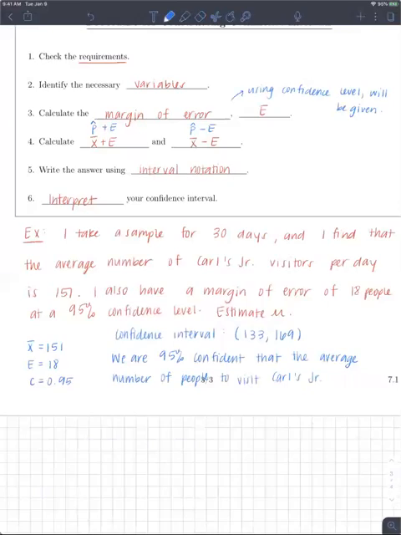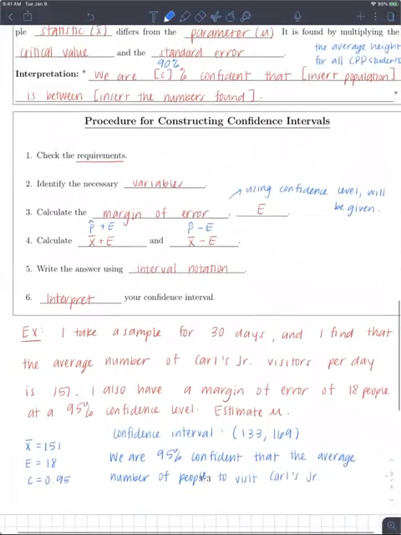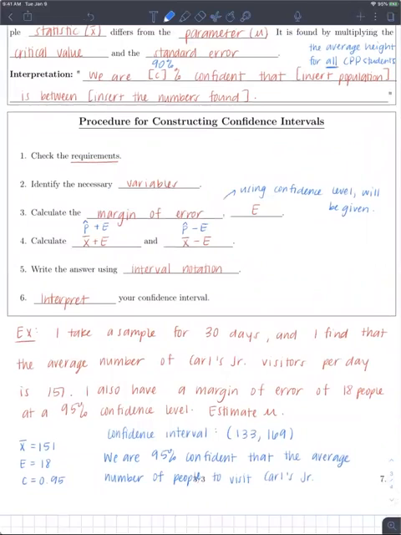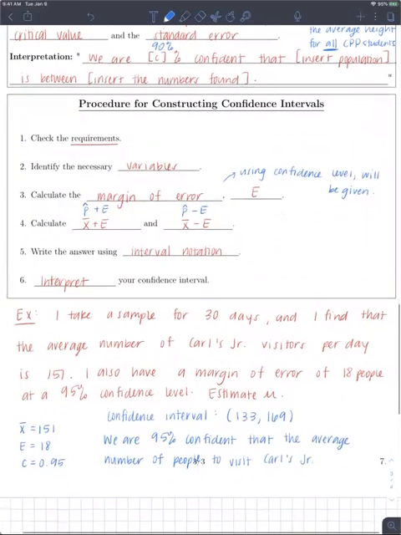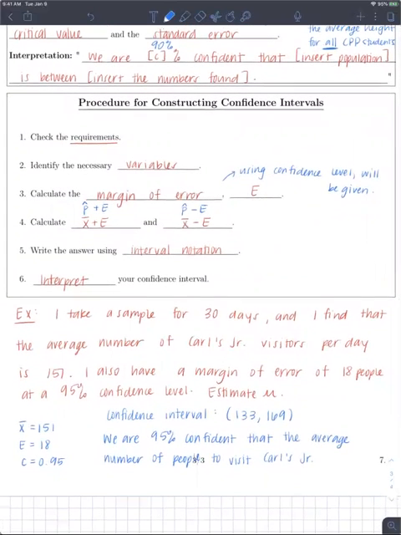Up here in my little mini example about the heights, I included the word all, and you want to do the same thing somewhere. I want to specify it's not just for the 30 days that I sampled, but I'm estimating this for every day possible throughout the entire year. So I'm going to say the average number of people on any given day is between 133 and 169.